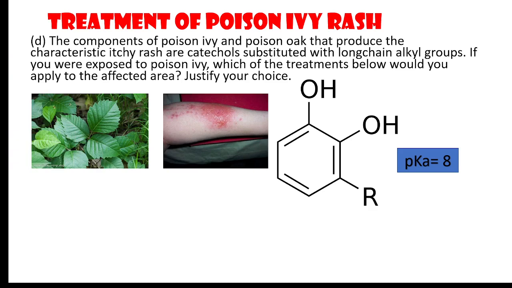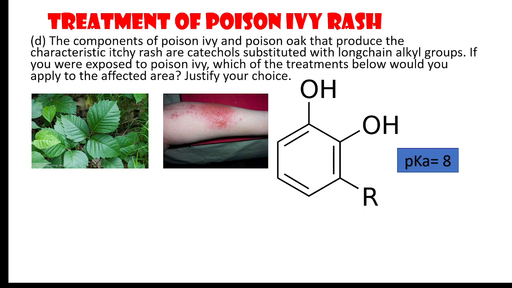The next question is an application of the Henderson-Hasselbalch equation, or the concept of pKa. So here the problem is, how are you going to treat a poison ivy rash?